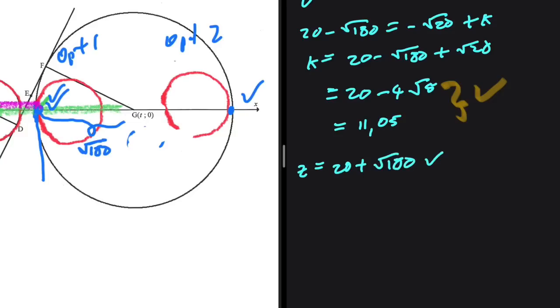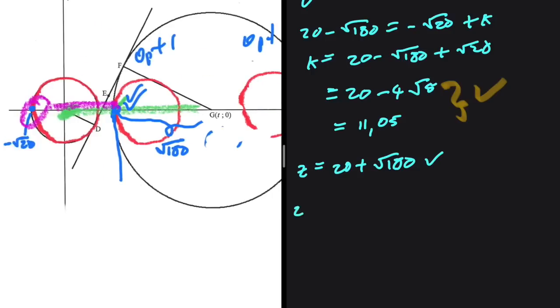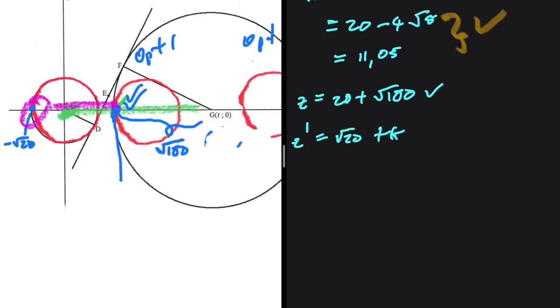We want these two circles to touch at the point 20 plus square root of 180. But z prime now will be equal to square root of 20 plus k, and not minus square root of 20 plus k. If we equate these two, we get square root of 20 plus k is equal to 20 plus square root of 180.